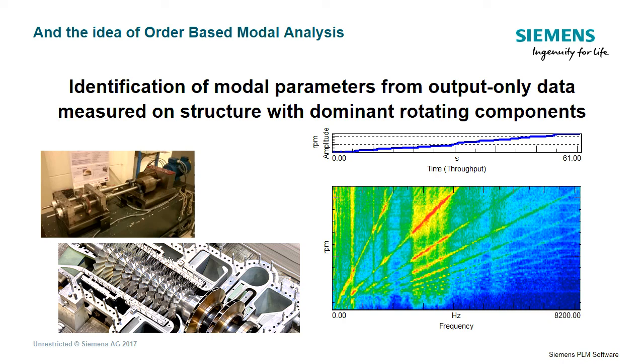By measuring the rotational speed of the machine during a run-up or coast down, orders can be extracted and standard modal analysis algorithms can be applied. Also in this case, the advantage of this method is that it provides an operational modal model of a structure, and it allows identifying the actual operational damping values, which would be very difficult to impossible to estimate reliably in non-operating conditions.